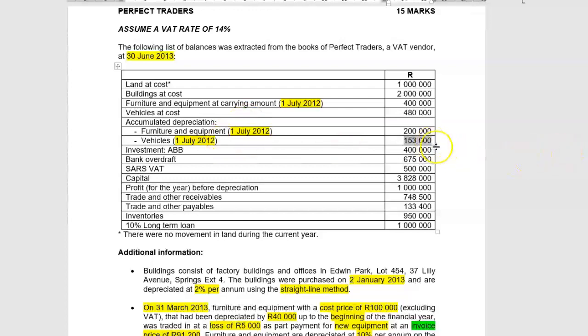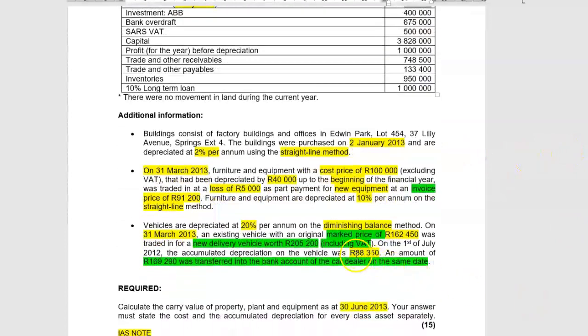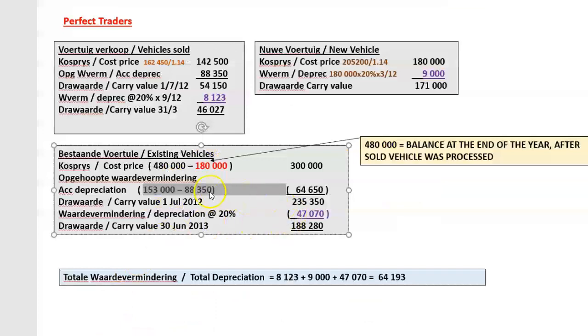However, the depreciation charge on the vehicle that was sold during the year is still included in that value of 153,000. So that 88,350 Rand has to be taken out of our opening balance to end up with the accumulated depreciation of the vehicles that we had in the beginning of the year and still have at the end of the year.